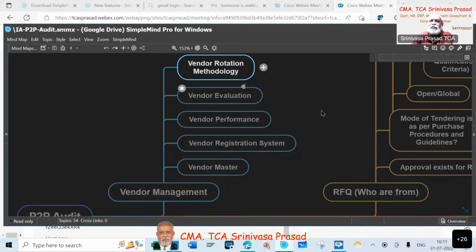I fully agree with you, with OEM it is not possible. But when you are going for a change of suppliers on some of the spares, we are supposed to have a rotational policy also. And for off-the-shelf items, we have so many suppliers. So we should have a rotation policy with the supplier. Whether we have that kind of policy, and if so, what is the methodology, that is what we are supposed to look into.